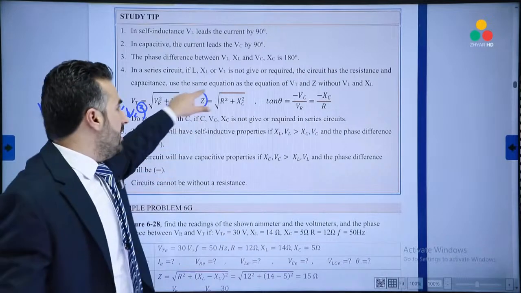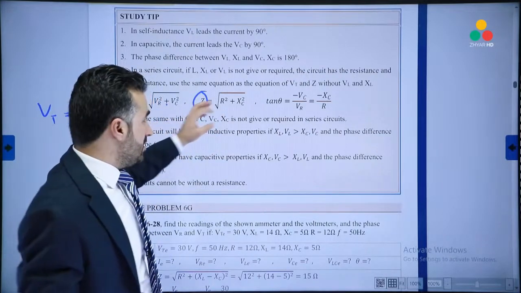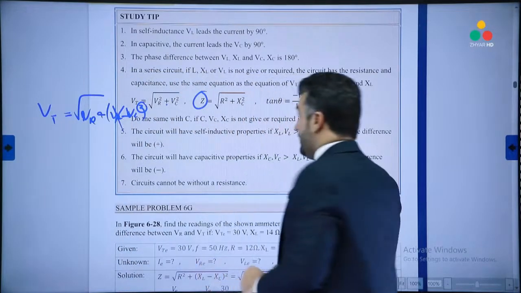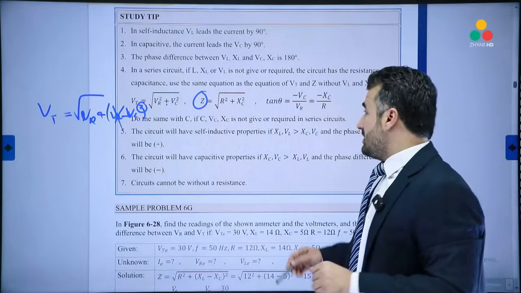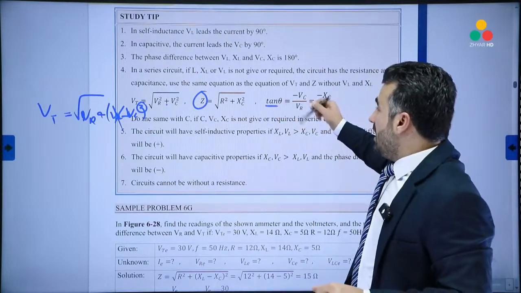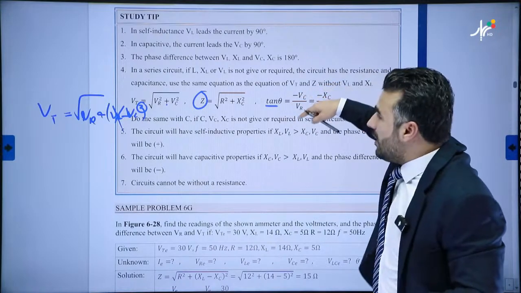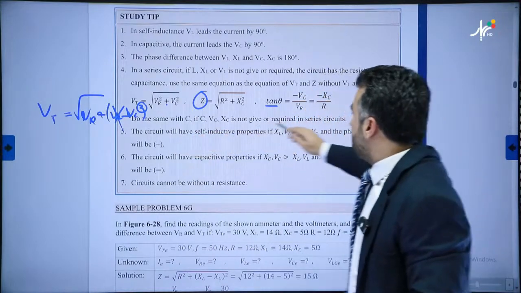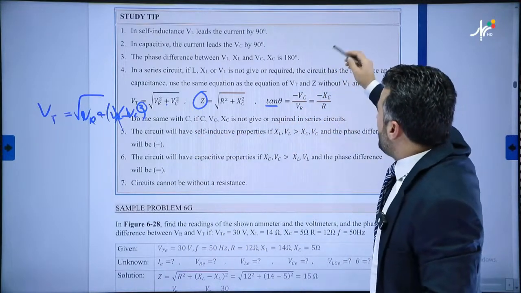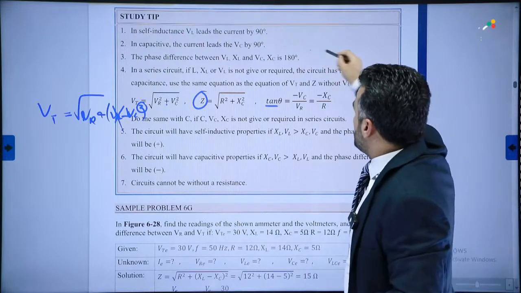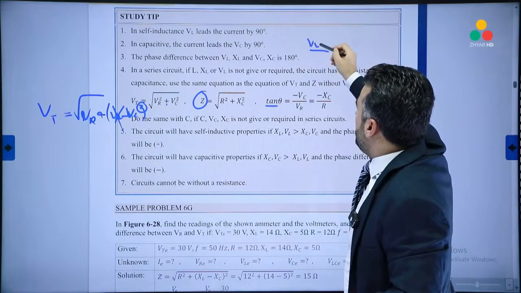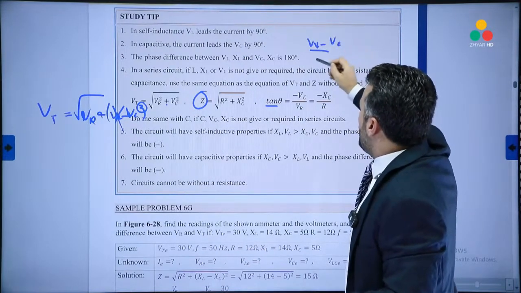The same thing for the impedance, that is the total resistance, but I want you to be careful here when it comes to finding the angle. Tan theta equals negative VC over VR, or you can say theta equals tan inverse of negative VC over VR. Why? Because here's what we have, yeah? We said obviously this one equals VL minus VC over the resistance.